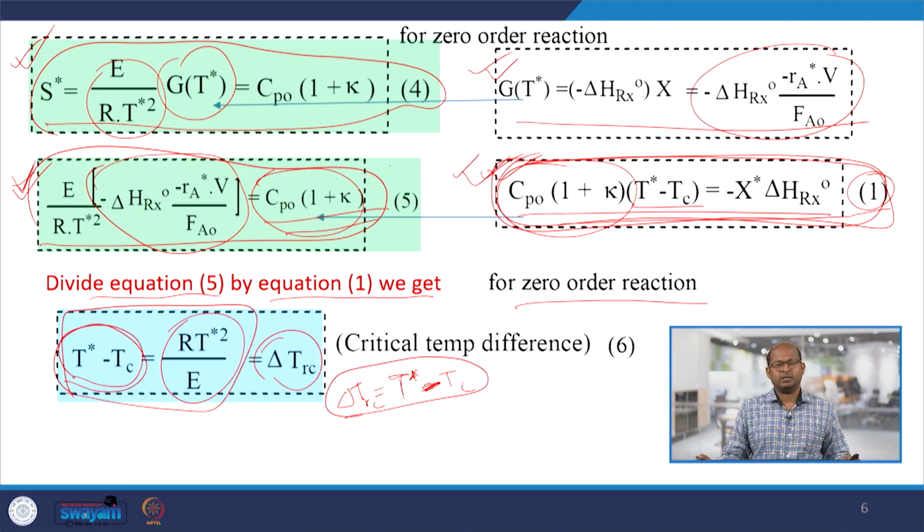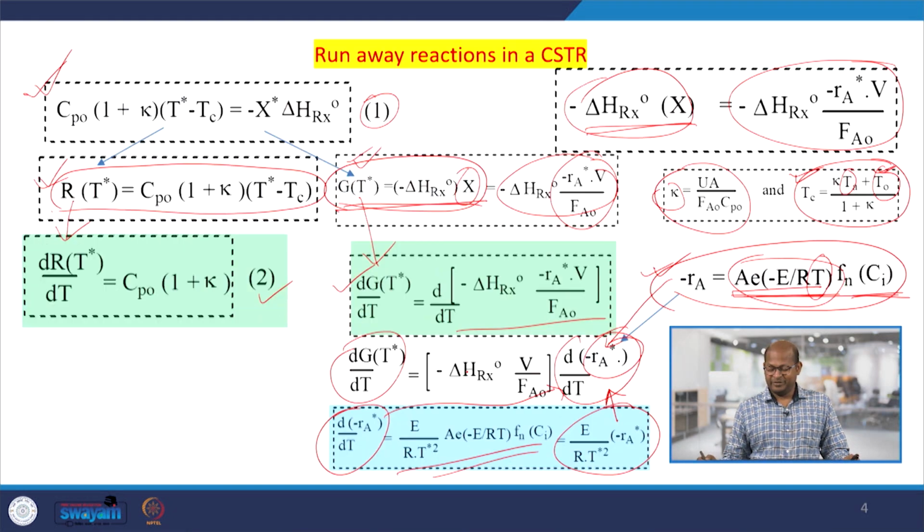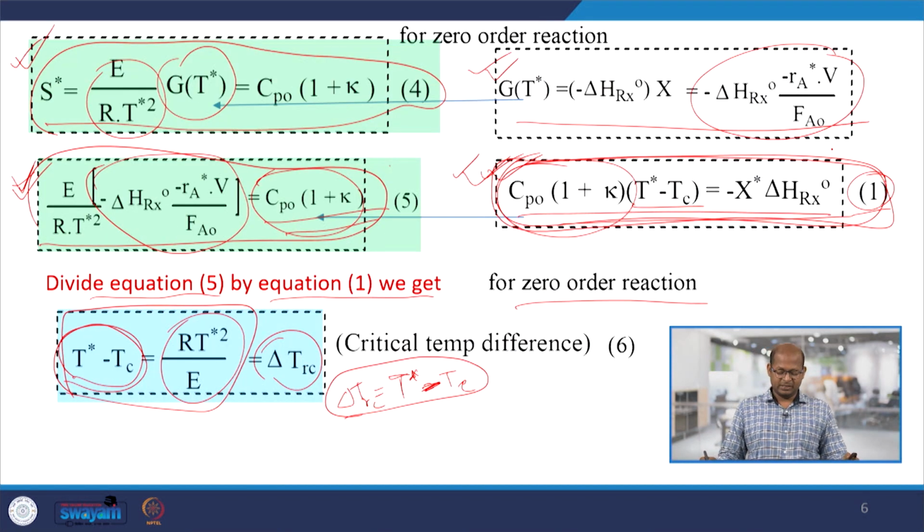T star is the temperature at which we are conducting the reactions, the reactor temperature at which the reactions take place, and T c is the feed inlet temperature. If we change the feed inlet temperature, T c will change. So, this difference is the critical temperature difference, between the reactor operating temperature and the feed inlet temperature.